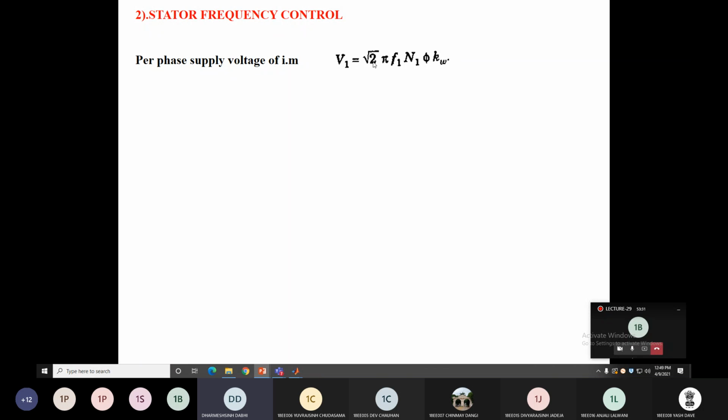So under the rated voltage V1 and frequency, what will happen? The flux remains constant. If voltage and frequency both are constant at rated value, then the flux remains constant. But in case the supply frequency is reduced with constant voltage, what will happen?